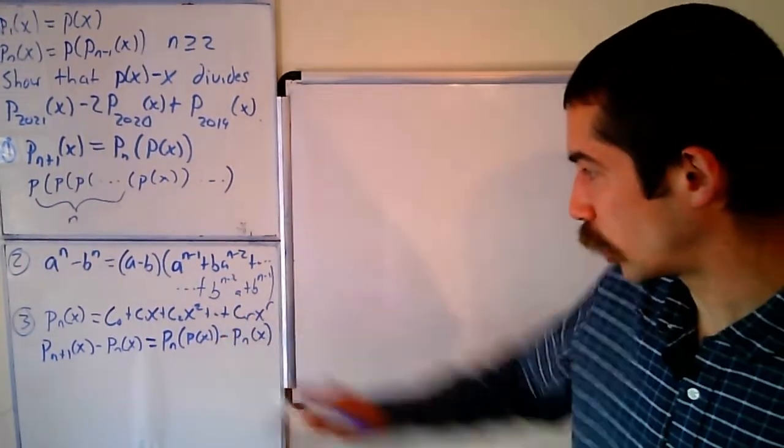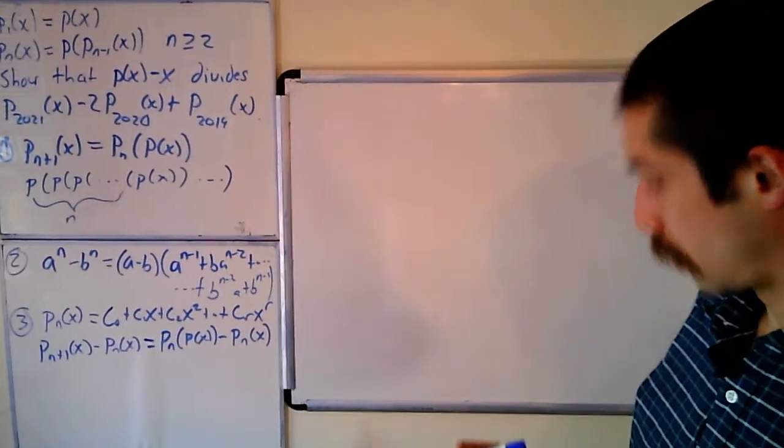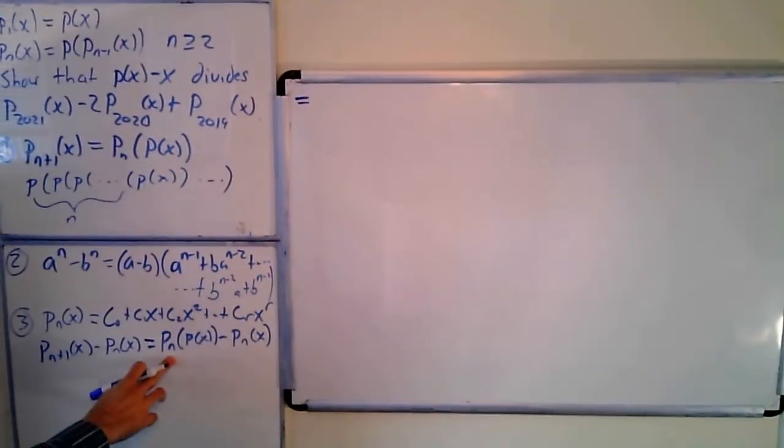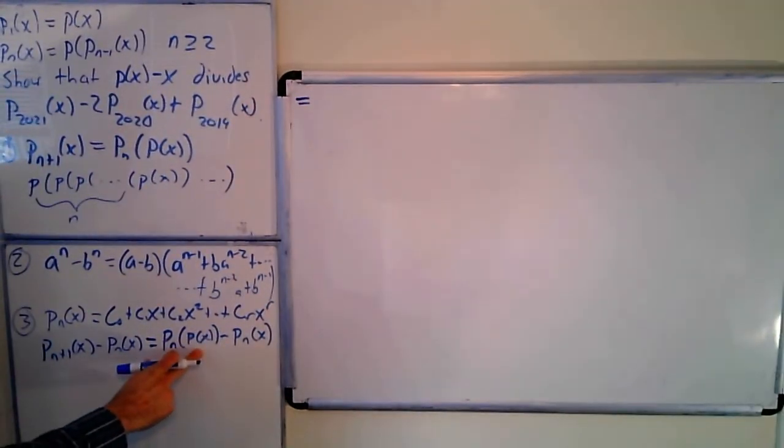And using our expansion, this is equal to, well, Pn composed with p of x, just replace every x with p of x.